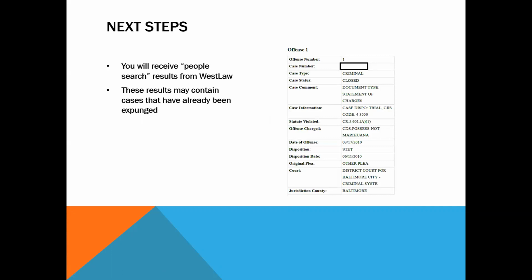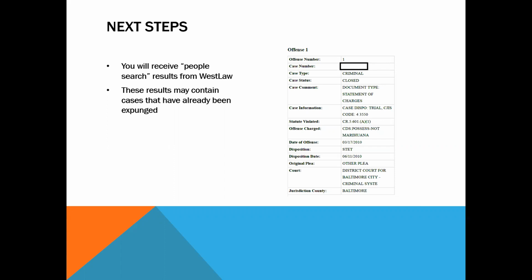Starting now, there's going to be a WESTLAW search result given to volunteers who take on expungement cases. This is from the People Search function of WESTLAW, and it is going to display cases that have essentially been scraped from public databases into WESTLAW's database, and that should show other cases that may have been removed from Maryland Case Search.